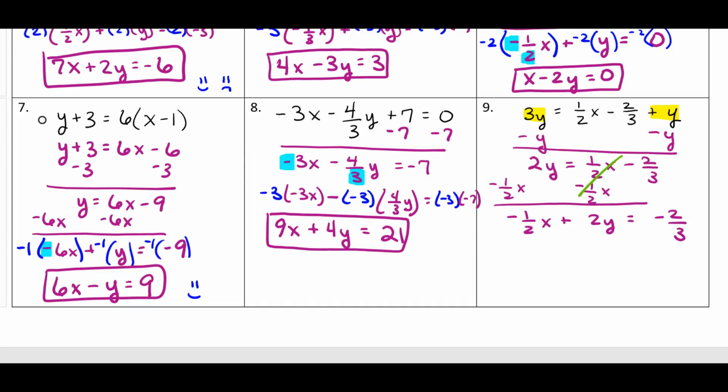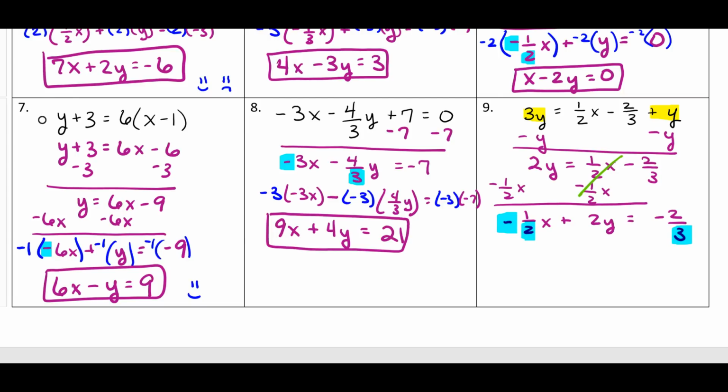Now, when we're looking for any issues, we now have things in the right order, but we have a negative on the x, and we actually end up with these two fractions. There's a fraction of 2, and there's a fraction of 3.